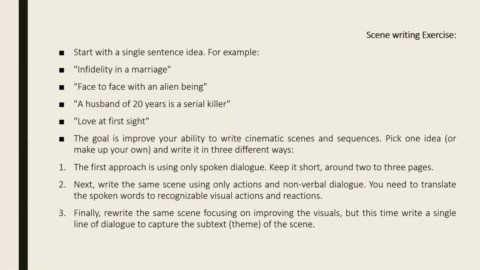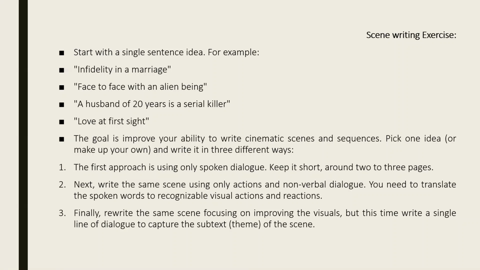Next is write the same scene using only actions and nonverbal dialogues. You need to translate the spoken one to recognizable visual actions and reactions. Whatever your characters are doing in those scenes, they are not talking, they are just doing something. So it's the doing part you are writing. You are showing the audience or the reader whatever they are going to do or they're doing.